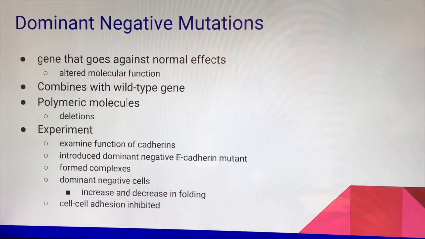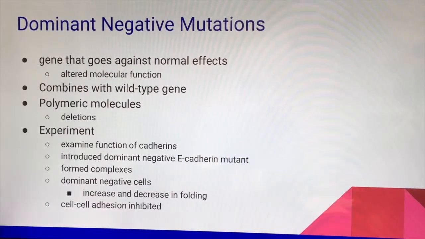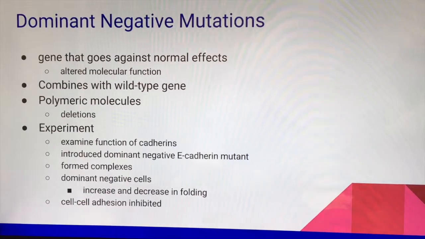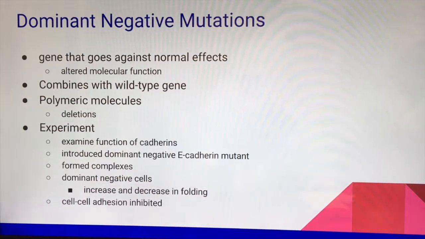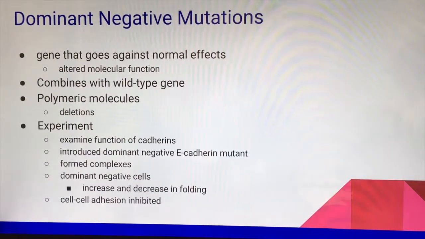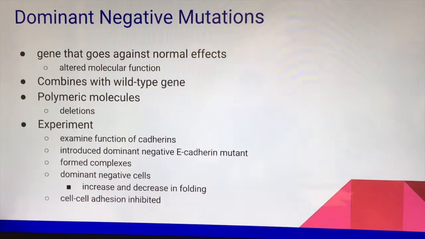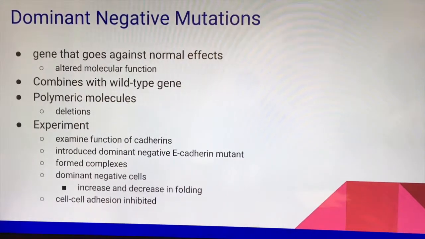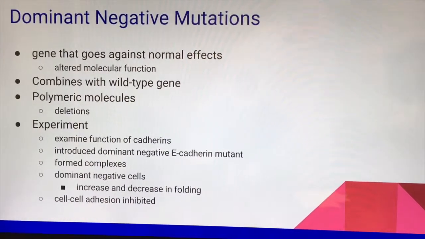Cells expressing that dominant negative mutation resulted in a 5-fold decrease in the levels of endogenous cadherins and a 3-fold increase in the level of beta catenin. After all of this, the cell adhesion was inhibited.